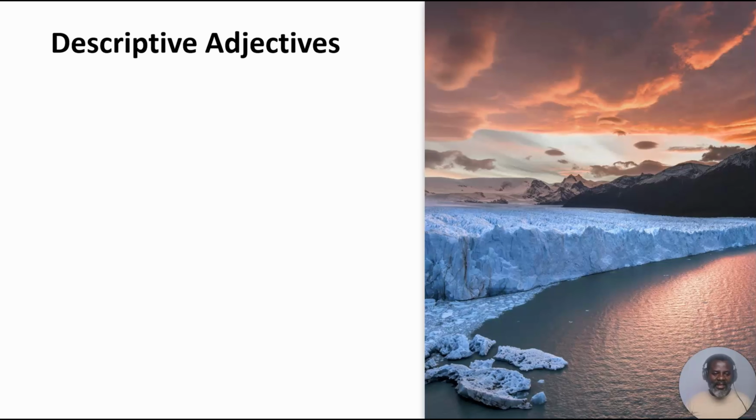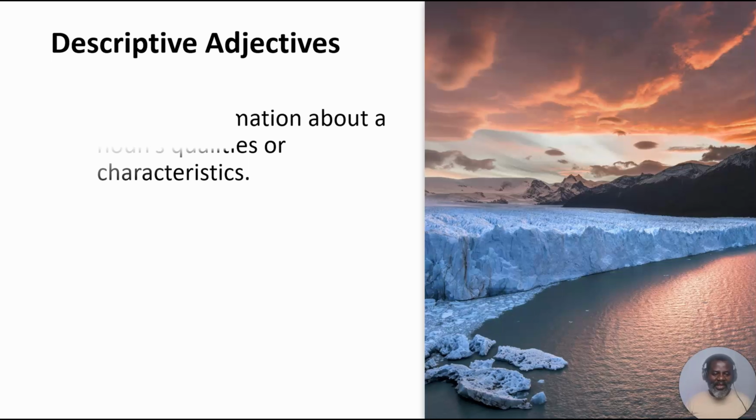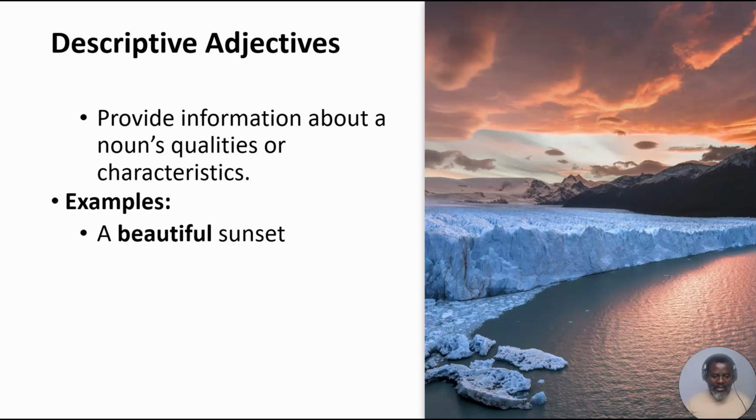Let's look at descriptive adjectives. They provide information about a noun's qualities or characteristics. When we begin to look at different types of adjectives, the first is descriptive adjectives, and what they do is give us more information about qualities and characteristics. Let's look at this example: a beautiful sunset.